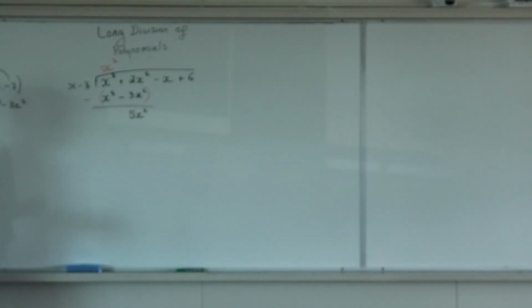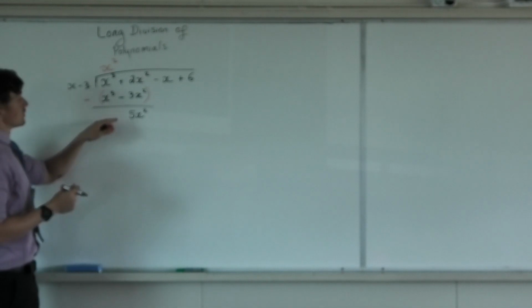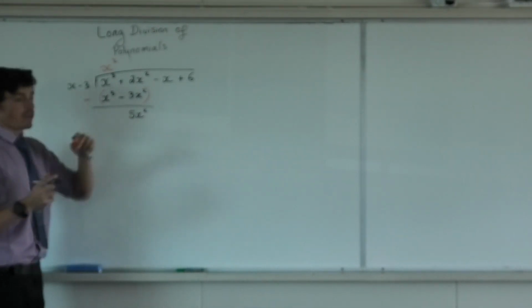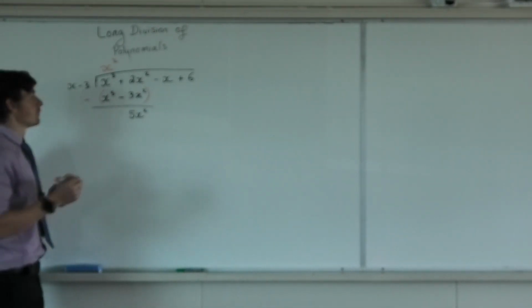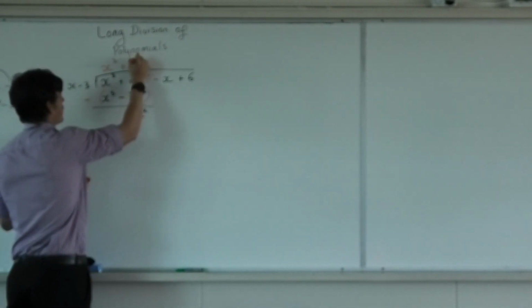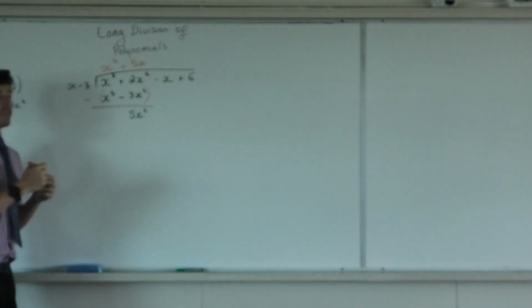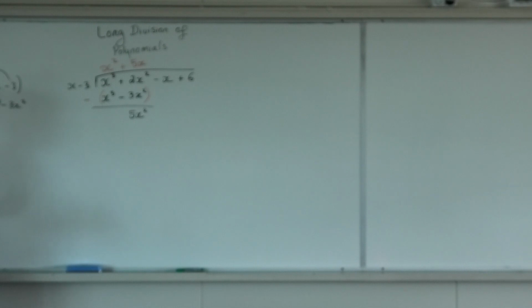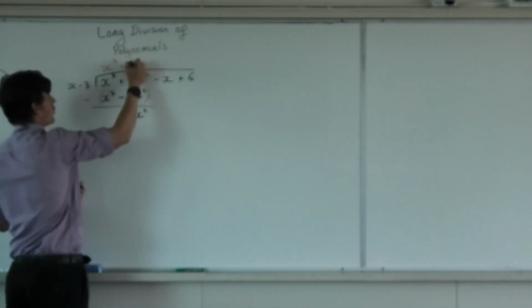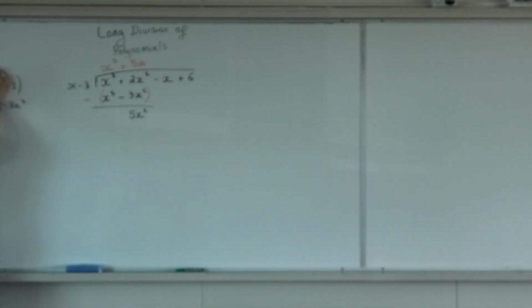So now I ask myself, how many times does x go into 5x squared? 5x. So I go plus 5x, correct? Now what do I do? I multiply this term by, so I now replace x squared with 5x. 5x times x is 5x squared.